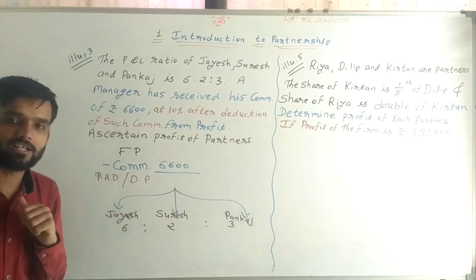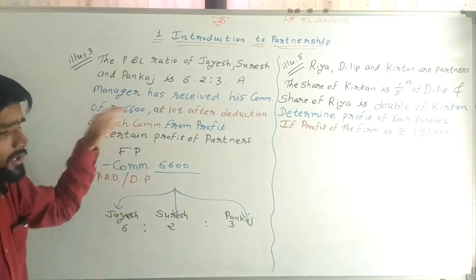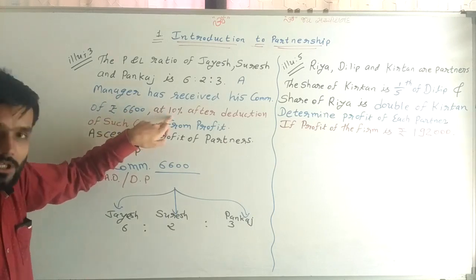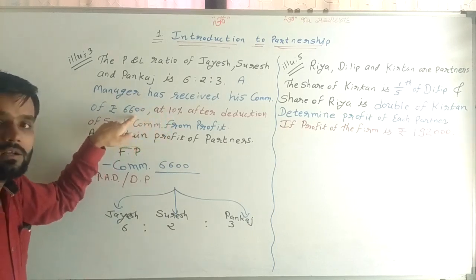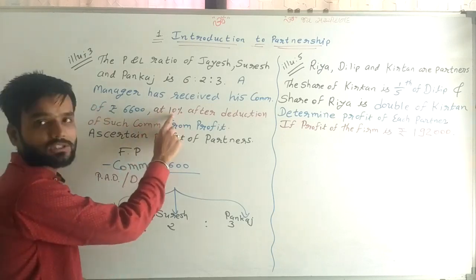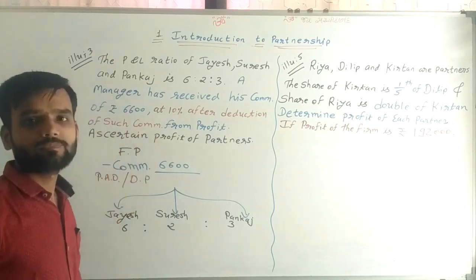Now how this 6600 rupees is calculated is also given to you. This 6600 rupees is at 10% after deduction of such commission.